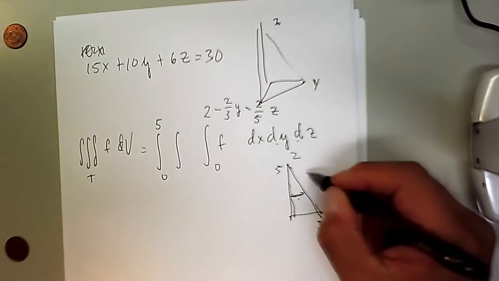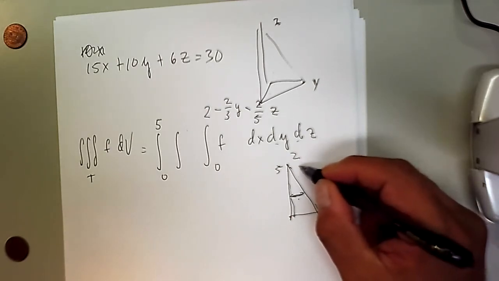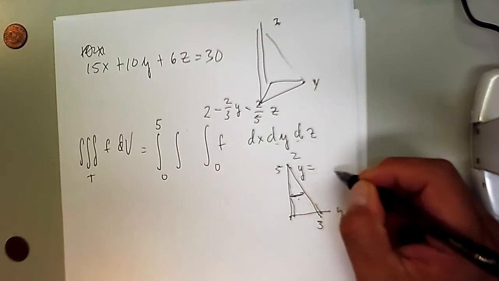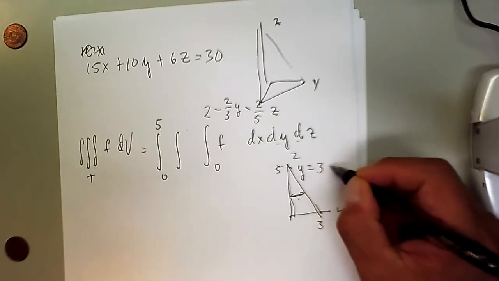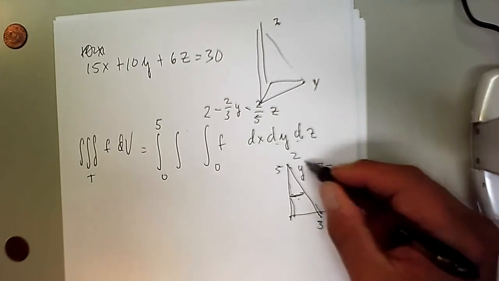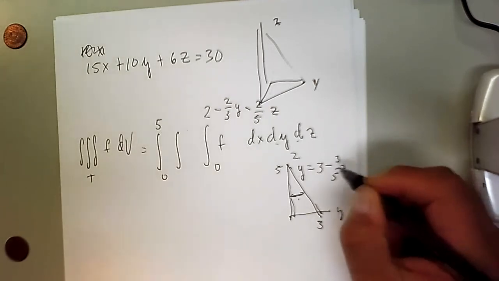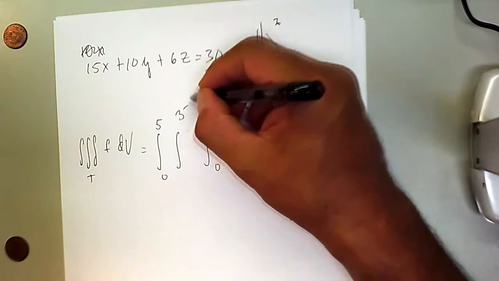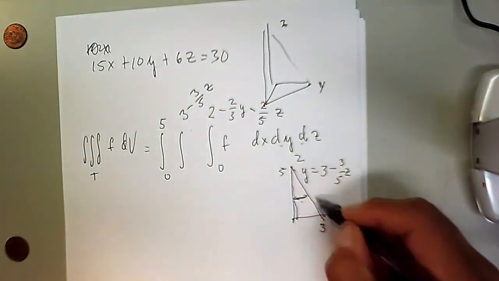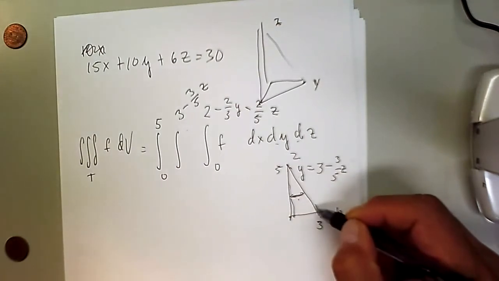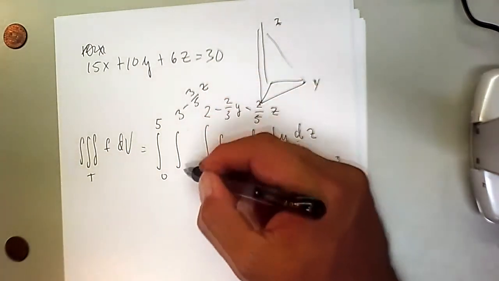Solving for y, the most y can be is 3 minus 3 over 5 z. You have to figure out the equation of this line and then solve it for y. That is the most y we can go up to.